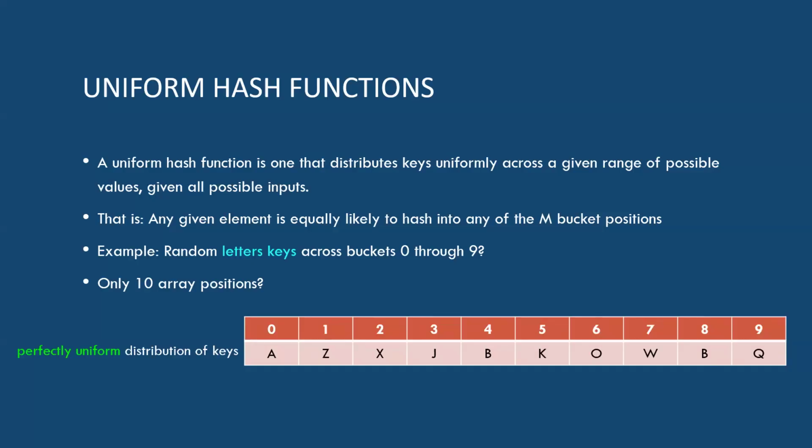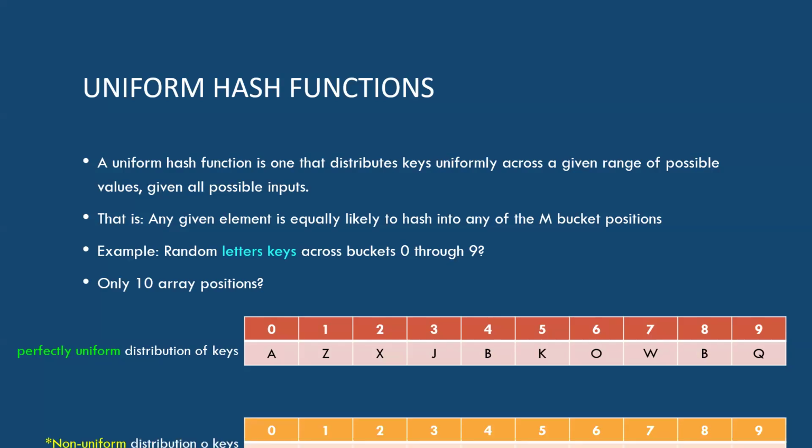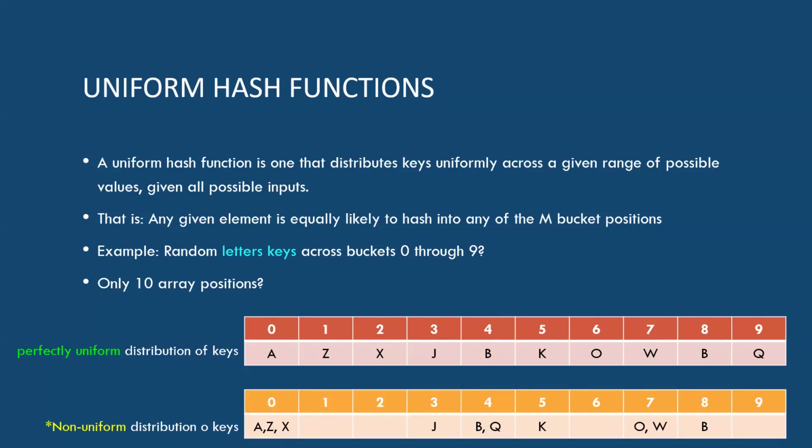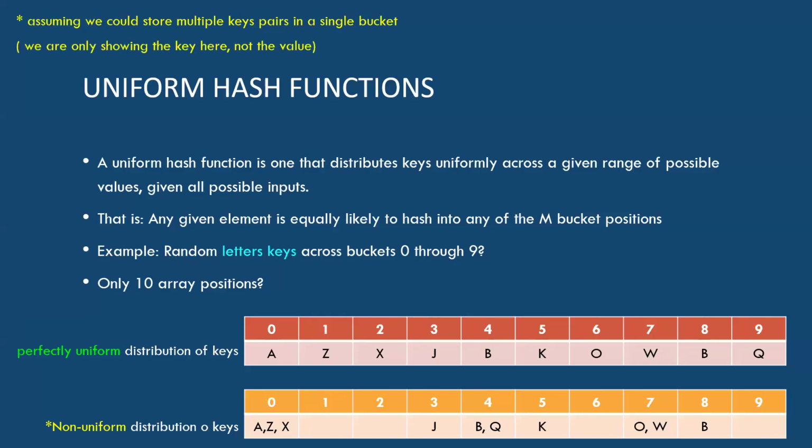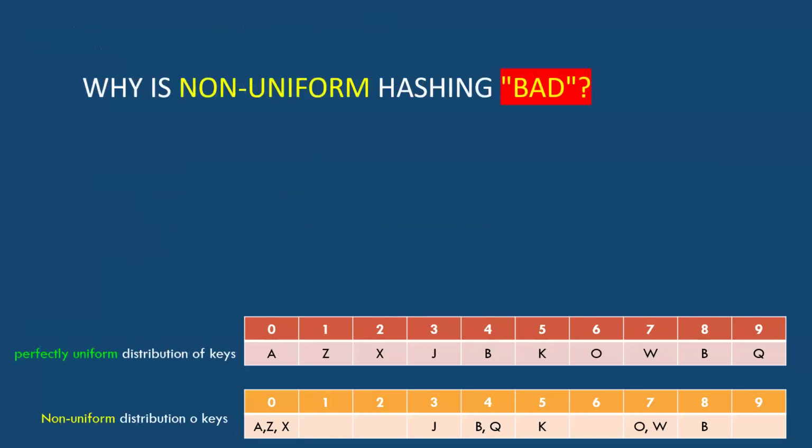If it was not very uniform, things are going to bunch up a lot if we were choosing random letters and hashing them in. That's one way of visually seeing that your hash is not very uniform. But that's what we want to keep as our goal, even though we probably won't ever actually achieve it.